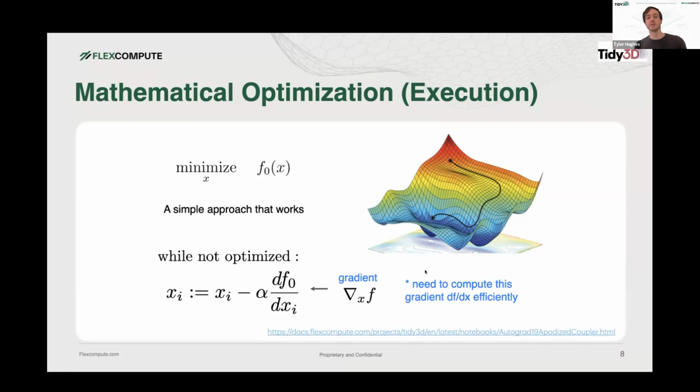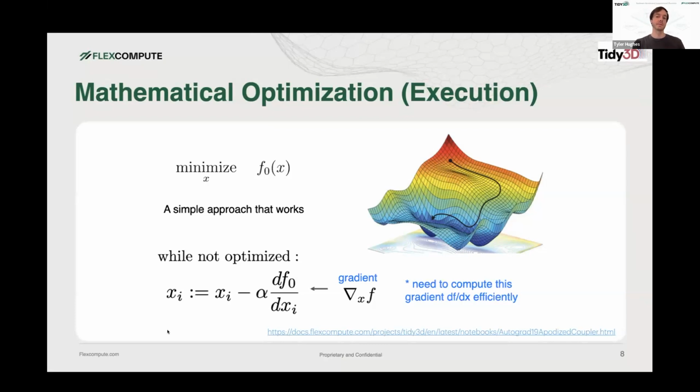A very simple approach is you start with some value of x, you compute the gradient of f with respect to x, which gives you the direction downhill, so to speak, in this search landscape. And then you simply move a little bit in that downhill direction and repeat this process iteratively. So compute the gradient again, move a little bit, and just keep repeating until you've converged on the best value.